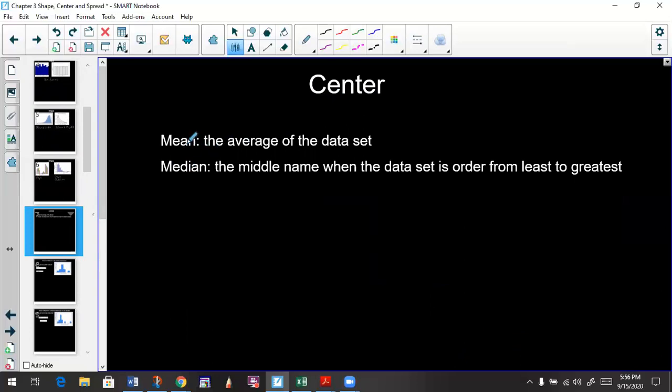There's two ways of describing it, mean or median. Mean, you guys have been doing this for quite a while, just the average. And median, it's the middle, and I put middle name, that should be middle number. Fix that later. The middle number when the data set is ordered from least to greatest.